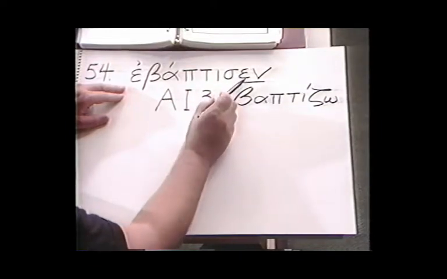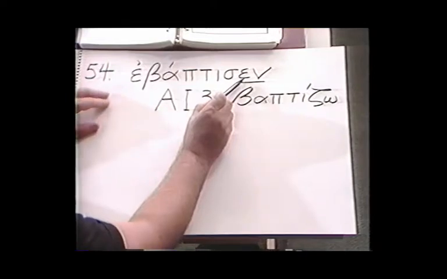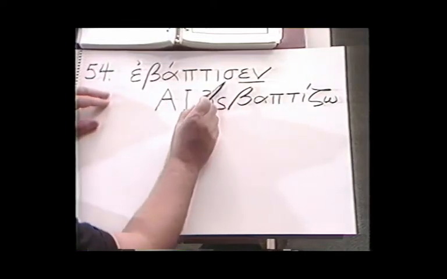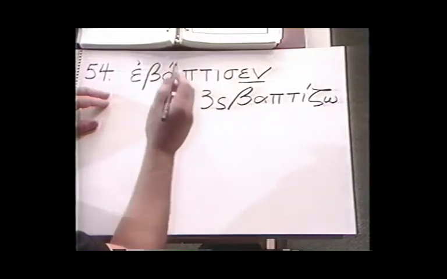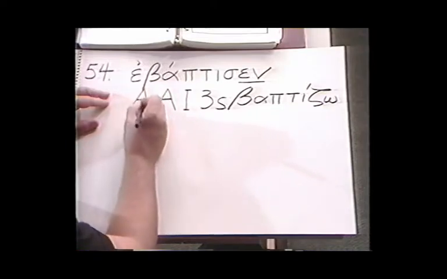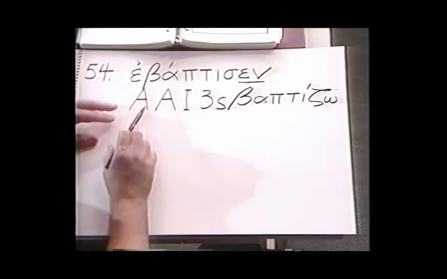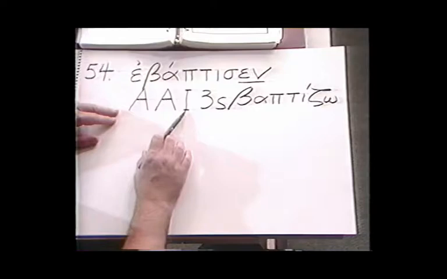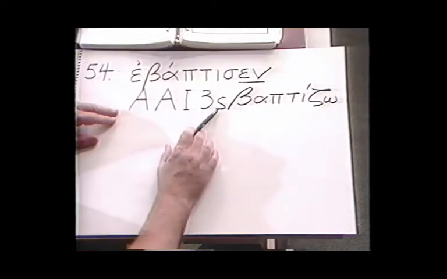We've already identified the connecting vowel of epsilon. Is there a tense indicator? Yes, a sigma tense indicator. Of the two tenses, imperfect and aorist, which one has a sigma tense indicator? That's right, the aorist. So the parsing of this verb is aorist, active, indicative, third singular.